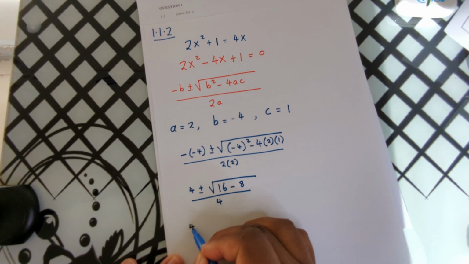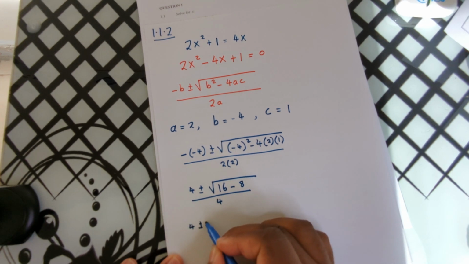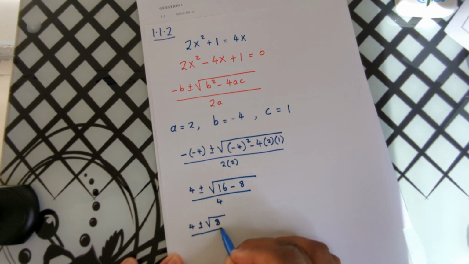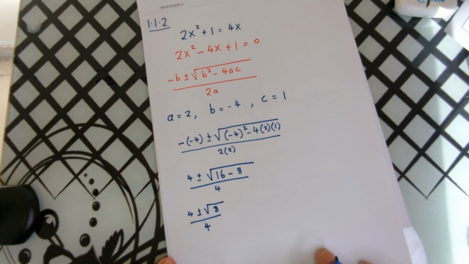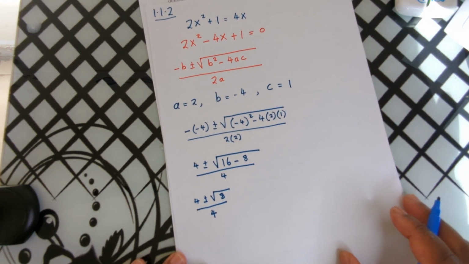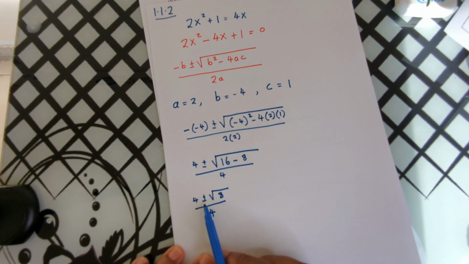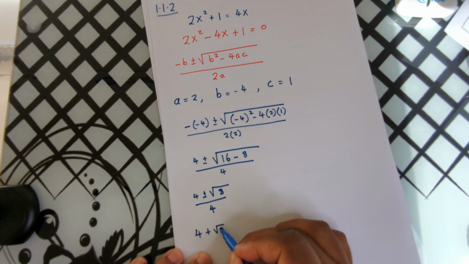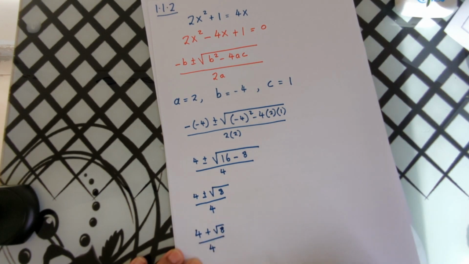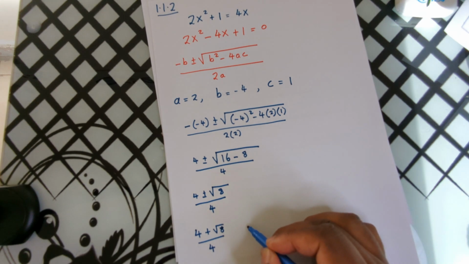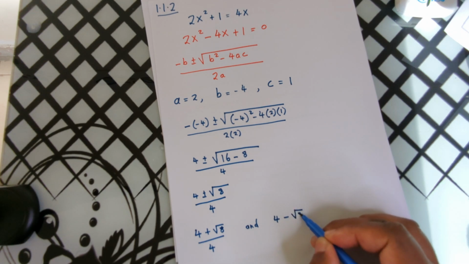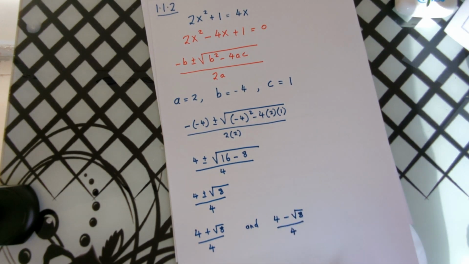And it can be simplified further into 4 plus or minus the square root of 16 minus 8, that's 8, everything divided by 4. Now let's break down our answers. Because we have a plus or minus here, we're going to have two options. We're going to have 4 plus the square root of 8 divided by 4 as our first answer, and we're also going to have 4 minus the square root of 8 divided by 4.